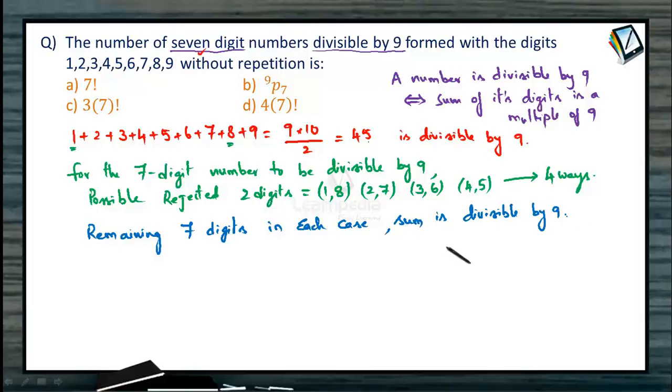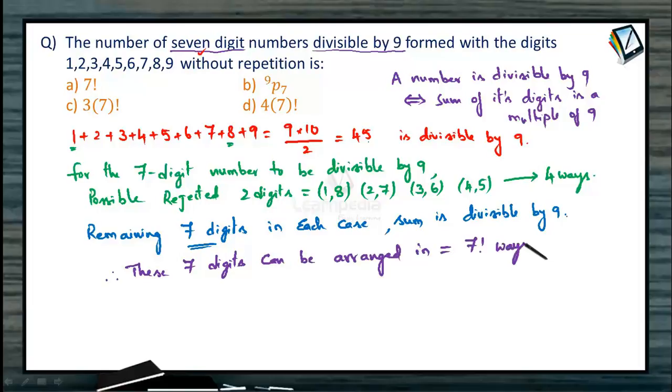So what do we require now? We need to form different numbers with the 7 digits which we have selected. These 7 digits in 7 positions can be arranged in 7 factorial ways. These 7 factorial ways correspond to each rejection of 2, that is, each selection of 7 digits.